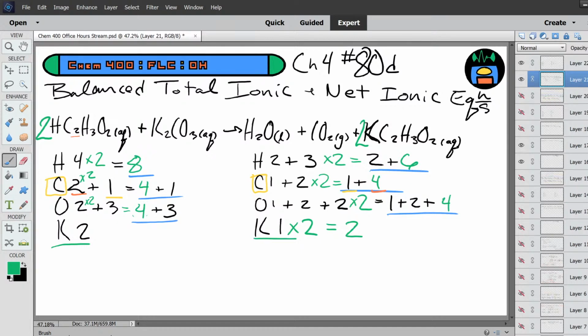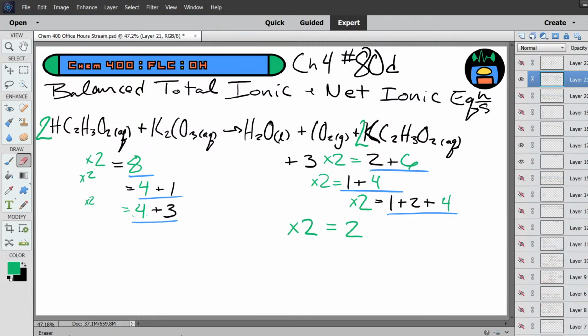Every single element is now balanced. So this is our balanced chemical equation. Now I've got some cleaning up to do.